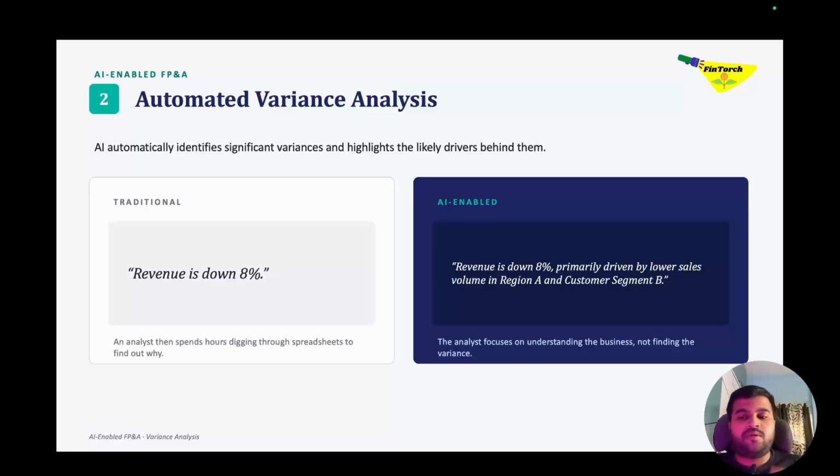For example, let's say it was because of lower sales volume in a specific region, say the Americas, and in a particular customer segment. The analyst here focuses on understanding the business, not finding the variance. So this is a major shift.